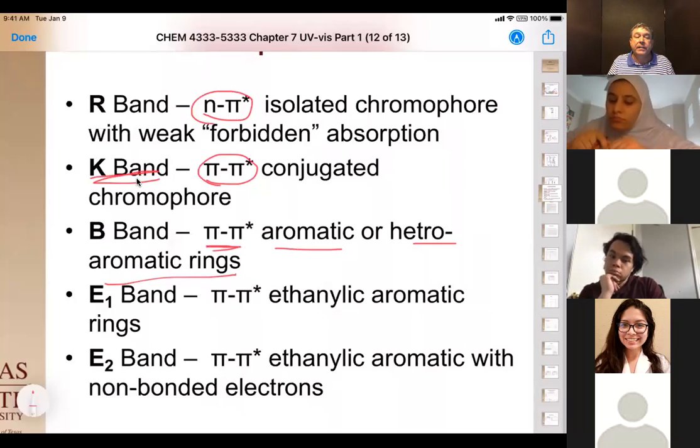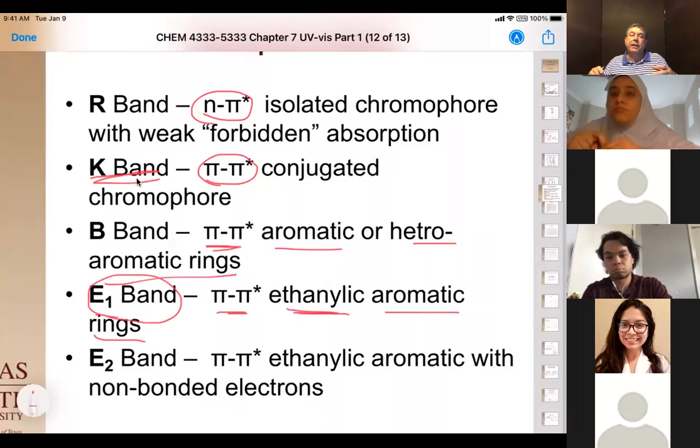Within that, we tend to have these two other bands. We have this ethylenic in aromatic rings, which is our E1 band. So imagine if the B band is the whole ring acting together, the E band is one of the double bonds acting separately, okay? And it's only that pi to pi star transition.